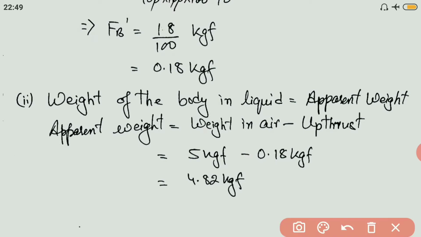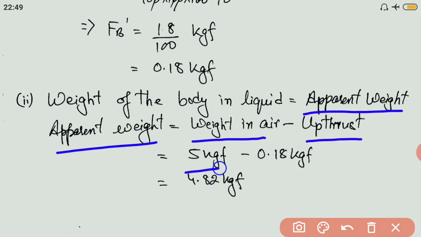The weight of the body in liquid should be equal to the apparent weight. Apparent weight is equal to the weight in air minus upthrust. Weight in air was 5 kgf, upthrust we just calculated to be 0.18 kgf. Finally after subtraction we shall get 4.82 kgf.